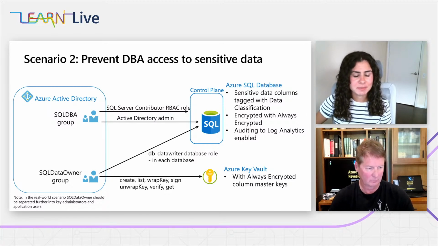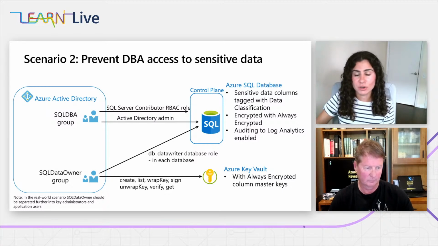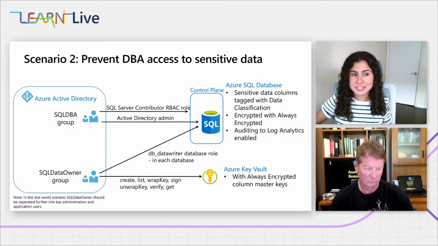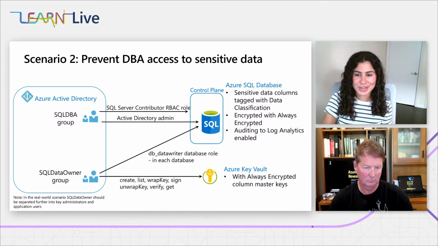And then you're seeing that scenario about the SQL DBA group that's able to not only have the Azure RBAC role, but also the Active Directory admin to create new users. So a lot of scenarios, but hopefully this was useful to viewers in putting the knowledge they've learned throughout Azure SQL Fundamentals to the test.